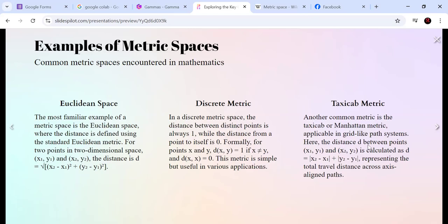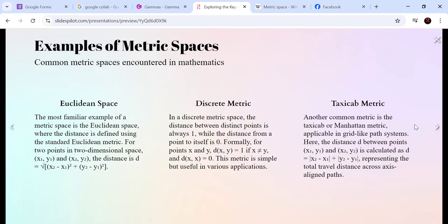So here the distance d between points (x1, y1) and (x2, y2) is calculated as mod of (x2 minus x1) plus mod of (y2 minus y1), which represents the total traveling distance across an axis-aligned path. तो इसके अंदर हमारे पास होता है ये कि हम ग्रिड वाइज जो है वो कोई सिस्टम बनाए, लाइक a11, a12, a21. इसी तरह से किसी भी मैट्रिक्स के अंदर जो ग्रिड वाइज सिस्टम बन जाती है उसके थ्रू अगर हम डिस्टेंस को कैलकुलेट करें, दैट इज कॉल्ड taxicab distance.